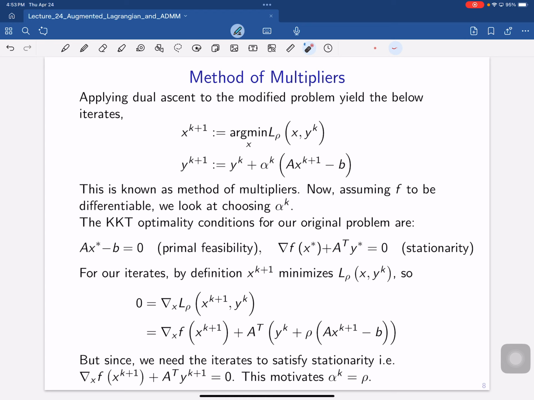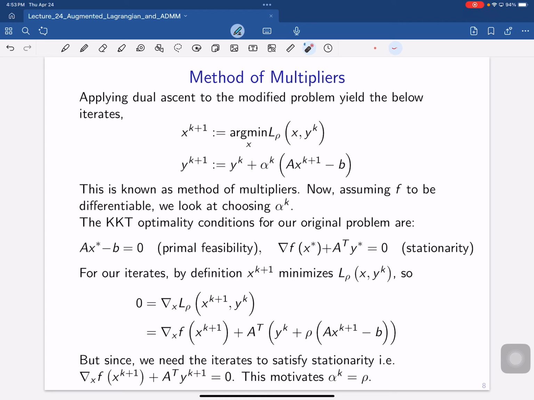Now, one interesting observation here is that at this step you are trying to minimize over x. This is an arg min step over x. Since this L rho is a convex function, the optimal x is obtained where the derivative equals 0. So the optimality condition is that the derivative of L rho with respect to x is 0.